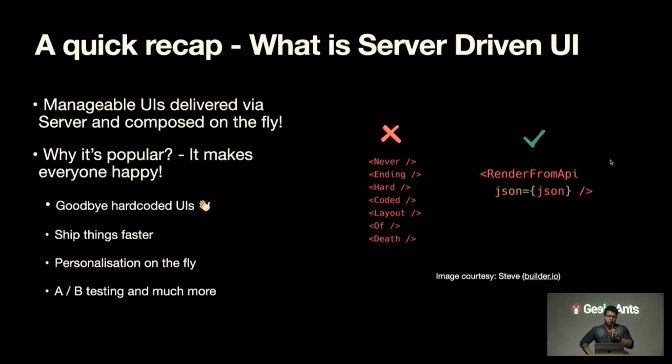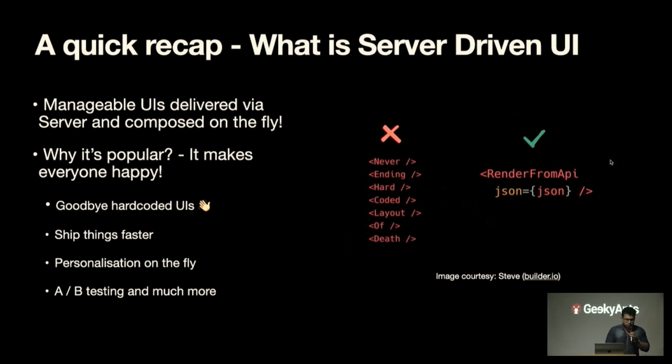But what server driven UI will enable you is to have these individual components and individual atoms in your framework, and you just send a JSON response. Hey, I just want to render maybe a menu component. I just want to render a container component. And you would be able to do it. So that's the paradigm shift, which is precisely server driven UI.